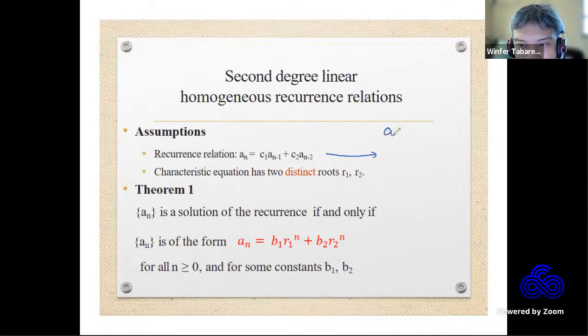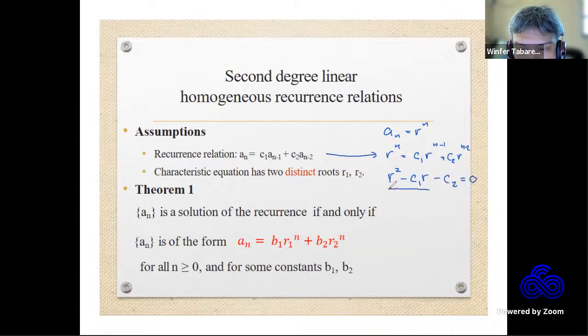So if we let a sub n equal r to the n, this becomes r to the n equals c sub 1 r to the n minus 1 plus c sub 2 r to the n minus 2. Then dividing by r to the n minus 2 and transferring everything to one side, we get r squared minus c sub 1 times r minus c sub 2 is equal to 0.